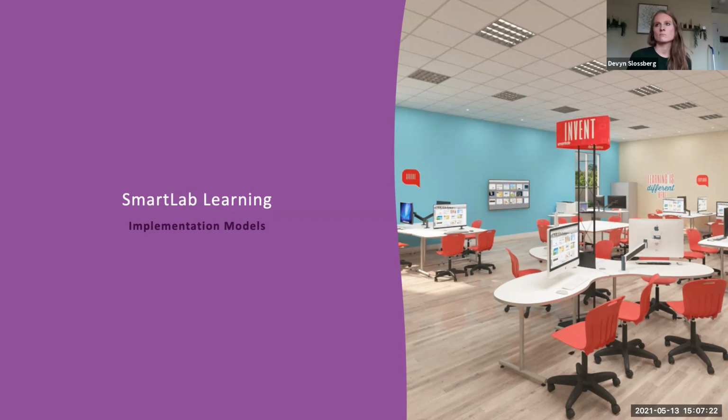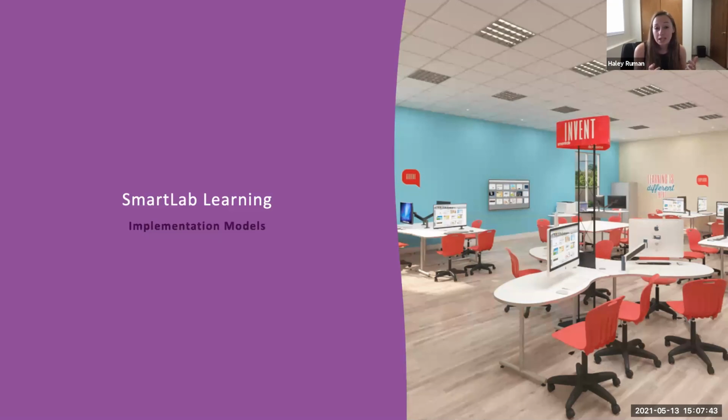And that really is an additional integration model. So keep that in mind, that if your SmartLab HQ is just not ready to be used by students, maybe it's installing and you haven't had training yet, but you want to pull in some of those elements of SmartLab, that's a good option.